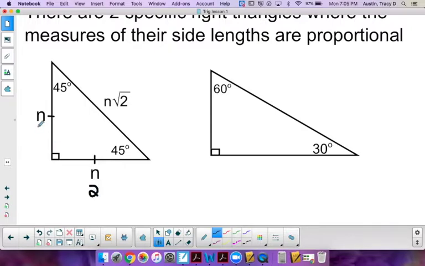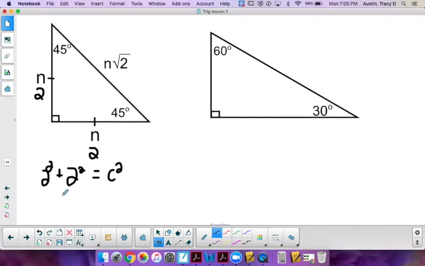Let's say we pick 2, right? If we pick 2, then we say, okay, 2 squared plus 2 squared is going to equal my c squared. Well, 2 squared plus 2 squared is 8. Okay, 4 plus 4.